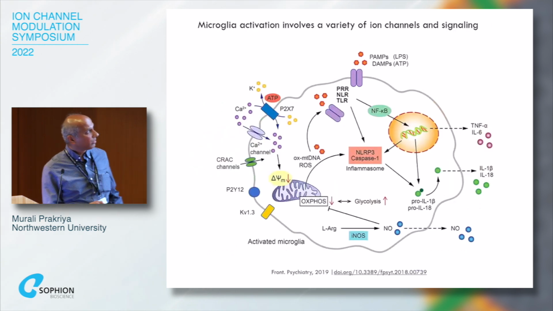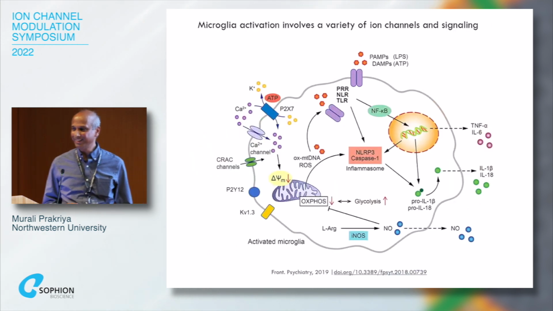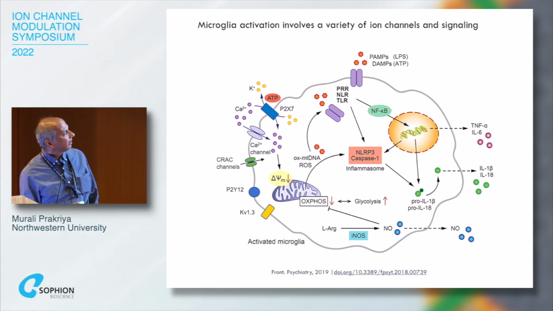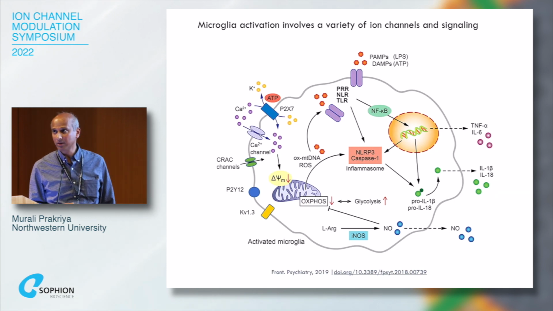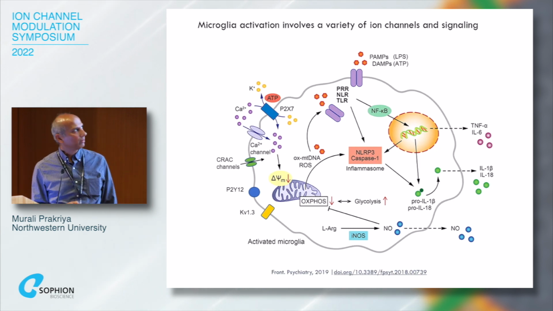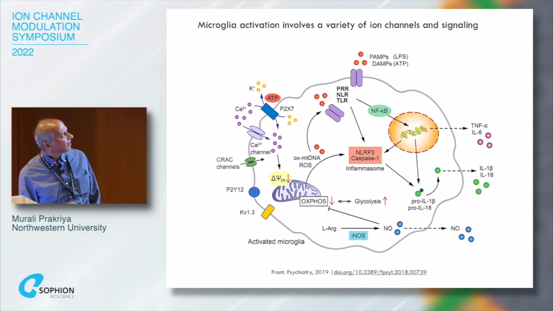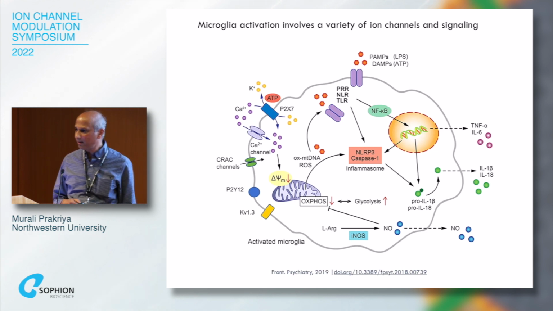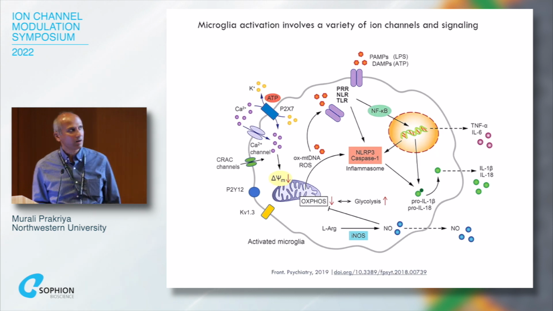So quite a bit is known about this. This is by no means an emerging topic. There's a lot known, and a lot of molecules have been identified. Among these are ion channels, which is the topic of this meeting. The primary ion channels that have received the main focus in microglia are the purinergic receptors P2X7 and P2X4, which is actually not listed on this particular slide, but some calcium channels and metabotropic purinergic receptors like P2Y12 have also received a lot of attention in different physiological and pathophysiological contexts.